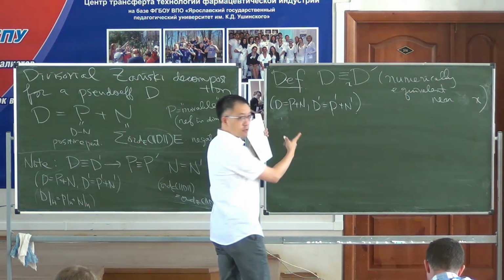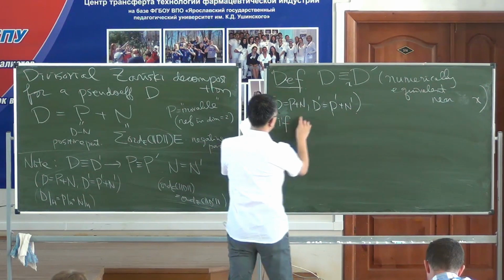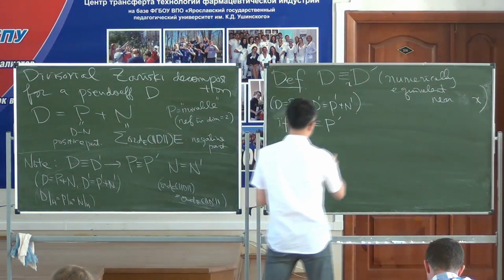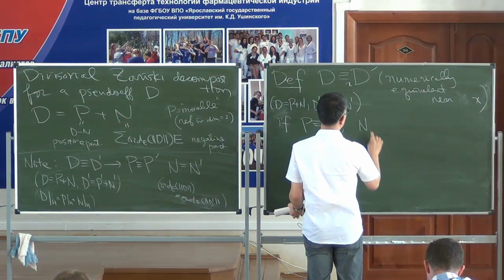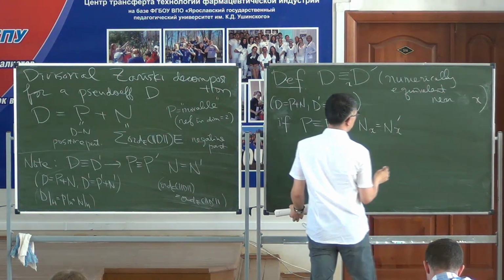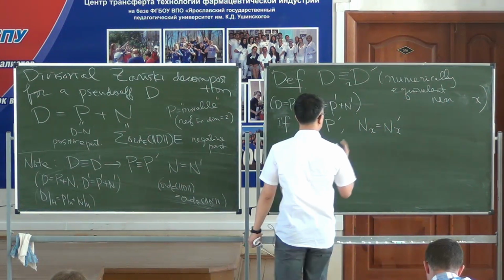So these are the Zariski decompositions, and P and P prime are numerically equivalent, and N_X and N prime_X are the same. Okay, so I will explain what this is.